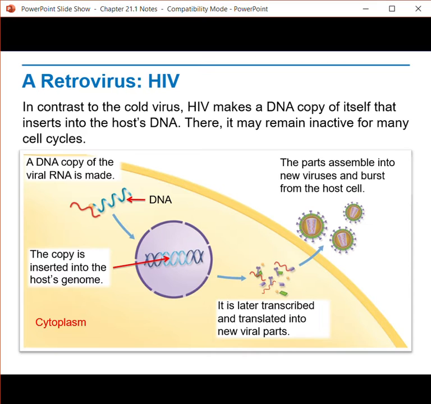A retrovirus is going RNA to DNA. That is why we describe it as a retrovirus. All right, let's check for another. So, if the virus that causes the common cold is also an RNA virus, why is it not called a retrovirus?